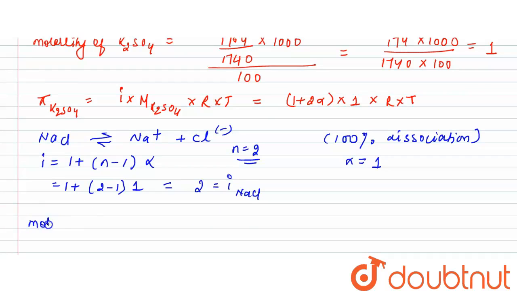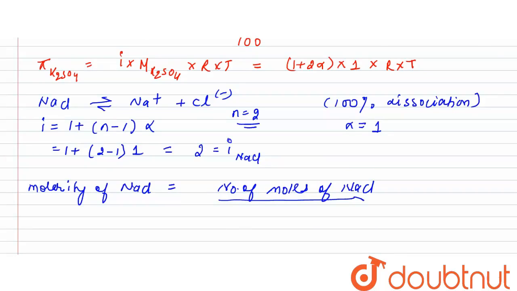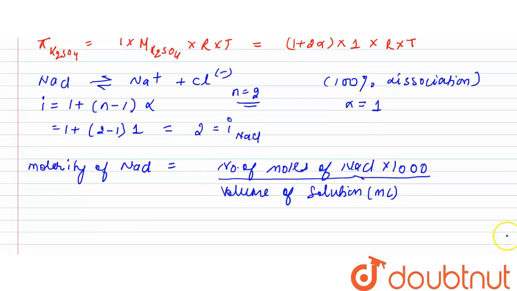Now let's calculate the molarity. Molarity of NaCl will be the number of moles of NaCl divided by the volume of solution in milliliters, and you need to multiply the numerator by 1000 to convert it into liters. This is the formula. Now what is the number of moles of NaCl?